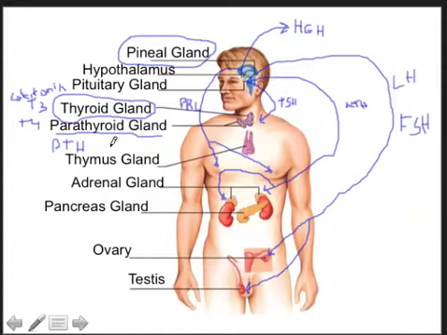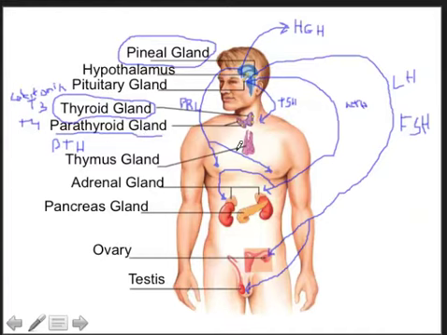And so calcitonin and parathyroid hormone work together to regulate blood calcium. You have to remember that blood calcium is important not just in maintaining strong bones, but it's also vital in nerve transmission and muscle contraction. So if we don't tightly regulate our blood calcium levels, the nervous system and the muscular system will shut down, and you'll die in very short order.